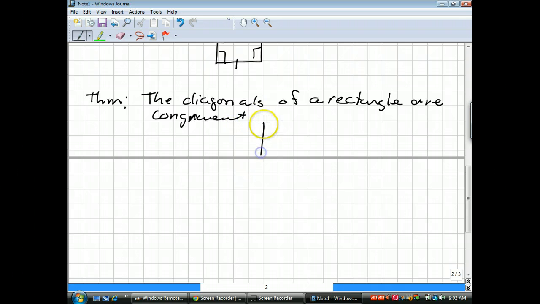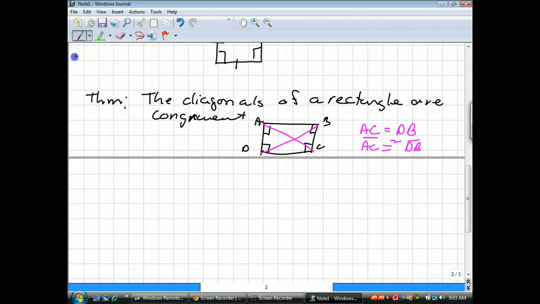So if we have some rectangle ABCD, and I have diagonal DB and diagonal AC, then the theorem says that length of AC equals length of DB. In other words, segment AC is congruent to segment DB.